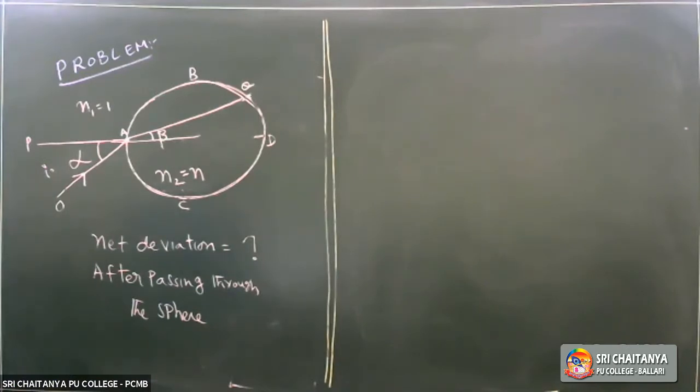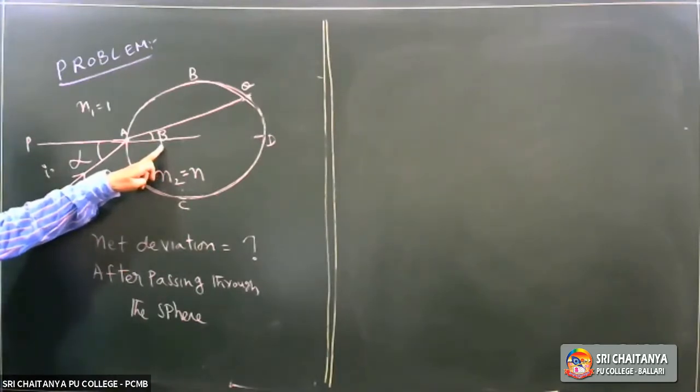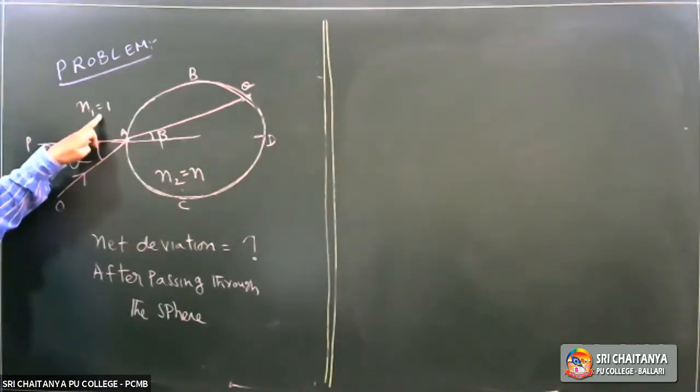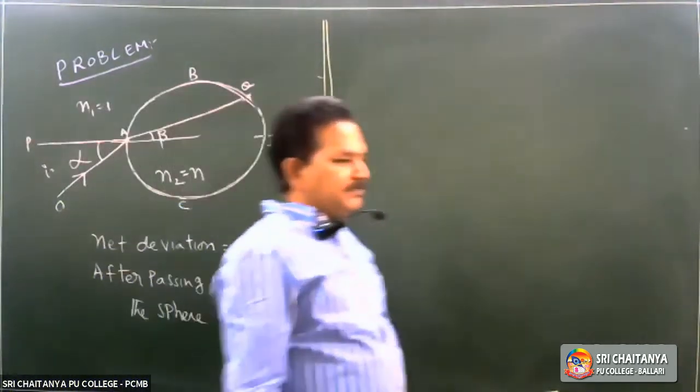Angle of incidence alpha. Angle of refraction beta. Refractive index of air 1, refractive index of the sphere n.